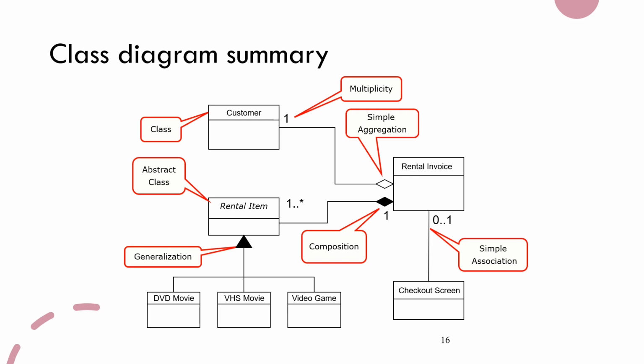But in this database class, we focus more on the relational model ER rather than this class diagram. So we have a class, abstract class, multiplicity, aggregation, composition, superclass, subclass, and so on.